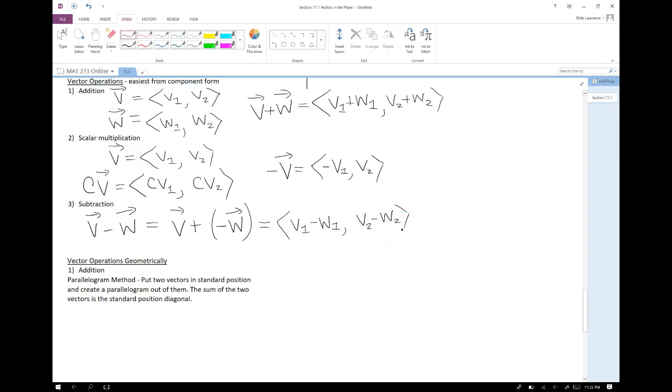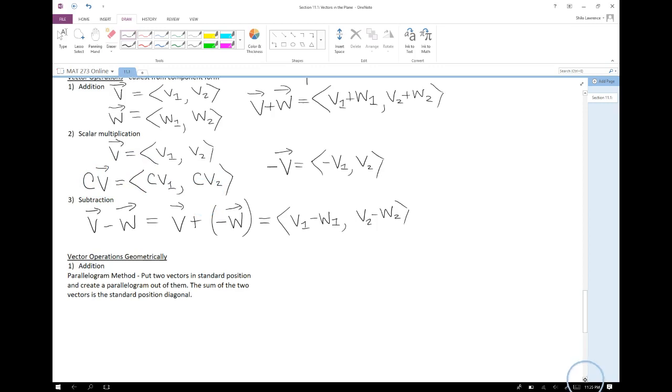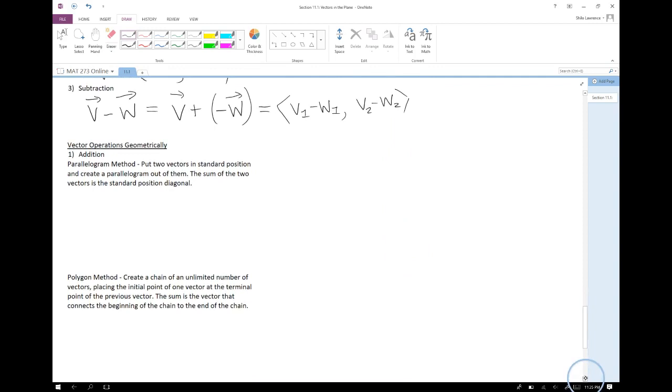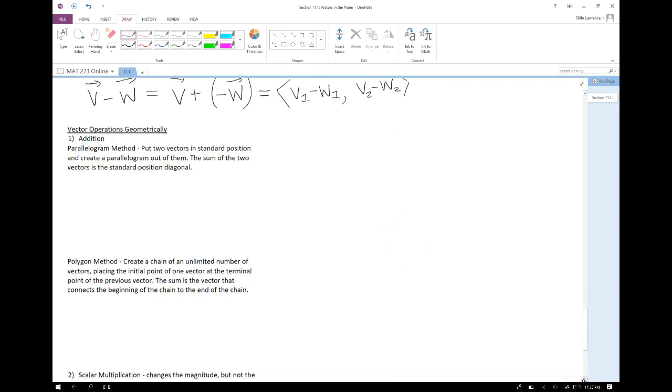So algebraically, these vector operations, as long as we're in component form, can be done just component-wise. For addition, you just add like components. For subtraction, you subtract like components. For scalar multiple, you distribute to both components. And we'll do some examples in just a minute once we talk about what these operations look like geometrically.